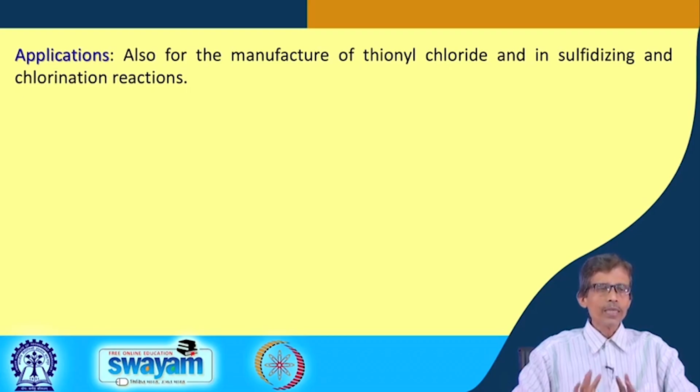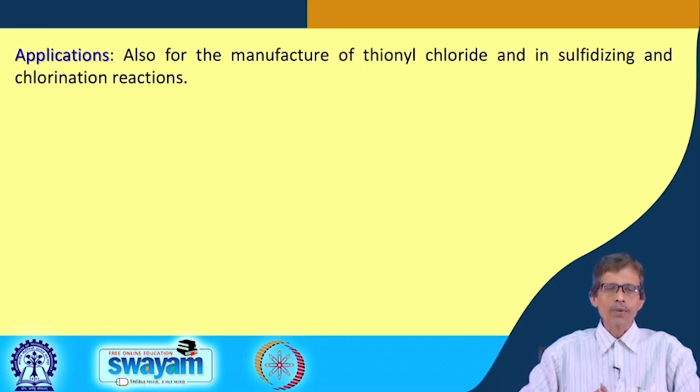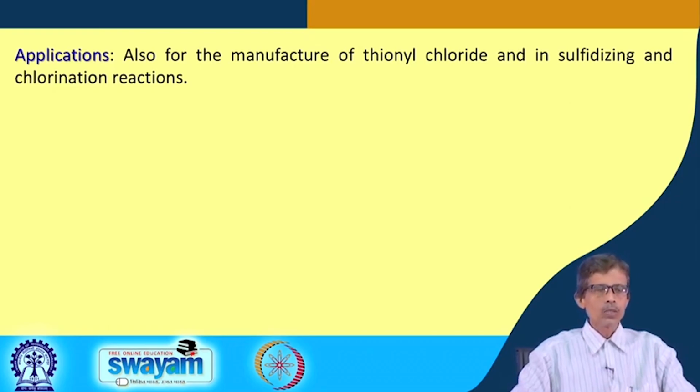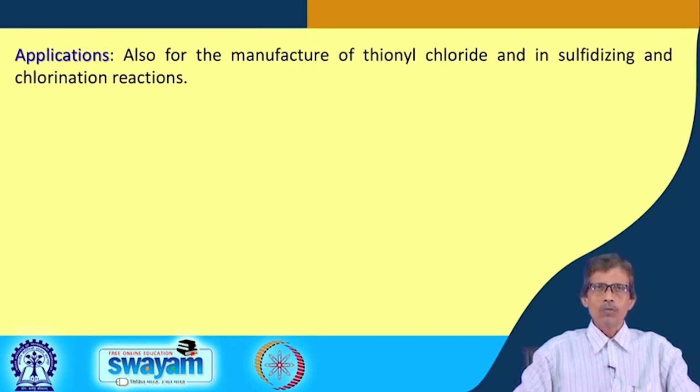Here we will take the example of one application, the manufacture of thionyl chloride, and also sulfidizing and chlorination reactions, which we have seen earlier in the case of S2Cl2. Why we produce another kind of this molecule is also interesting to know, because the reactivity pattern for these two compounds, S2Cl2 versus SCl2, can be different.